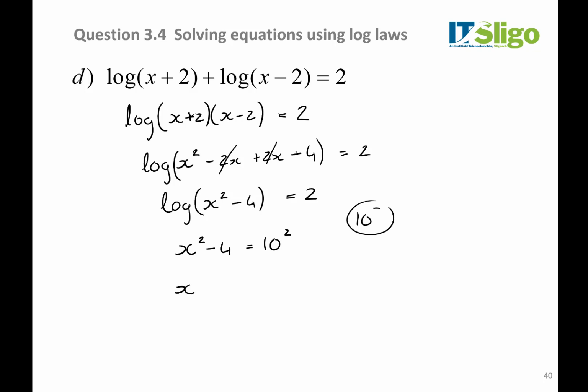So x squared minus 4 is 100. Move the 4 across to the number side. X squared is 104. So x then is the square root of 104, which is obviously going to be 10 point something. Let's get the calculator. So pretty much 10.2.